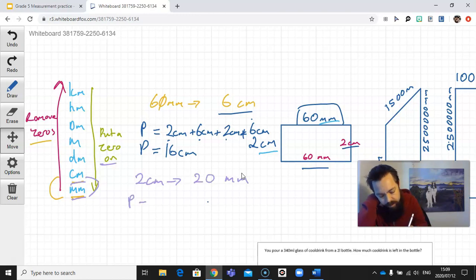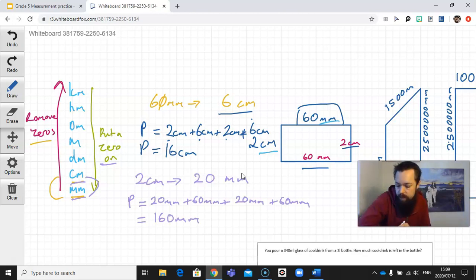Now my perimeter is equal to 20 millimeters plus 60 millimeters plus another 20 millimeters plus another 60 millimeters. If you add that up, 20 plus 60 is 80, plus 20 is 100, plus 60 is 160 millimeters.